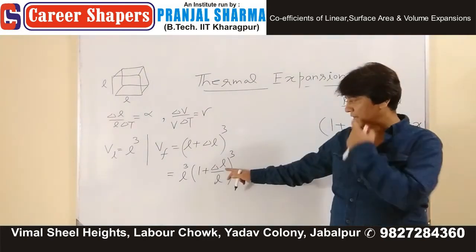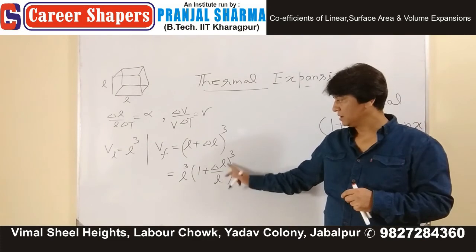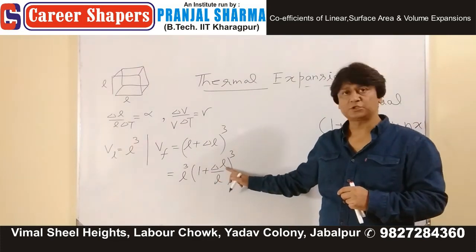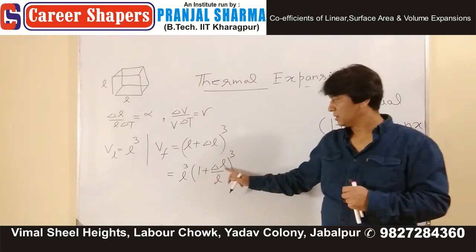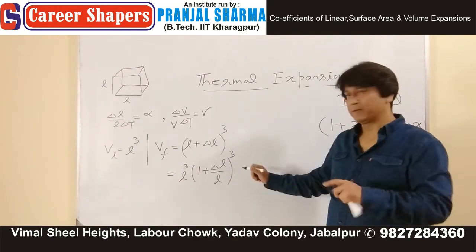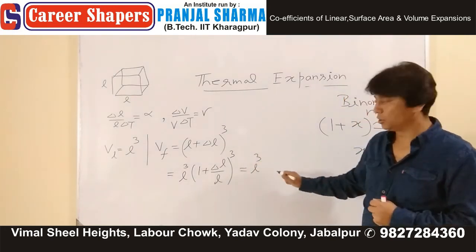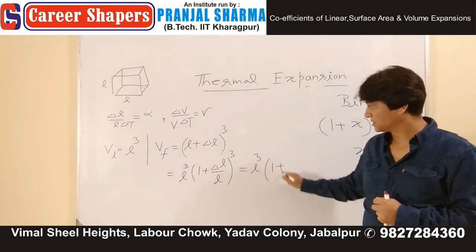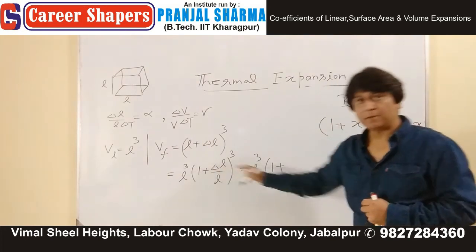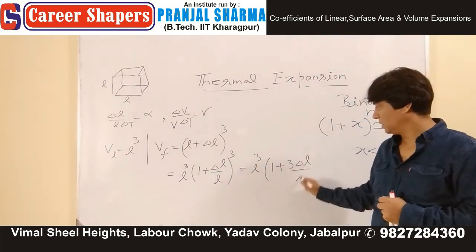So delta L, small change in the length, divided by L. This thing is much smaller than 1. Delta L is small, and then you're dividing that by L also, becoming much smaller. So what I can do is I can write L cube times 1 plus, with n being 3, 3 delta L upon L.